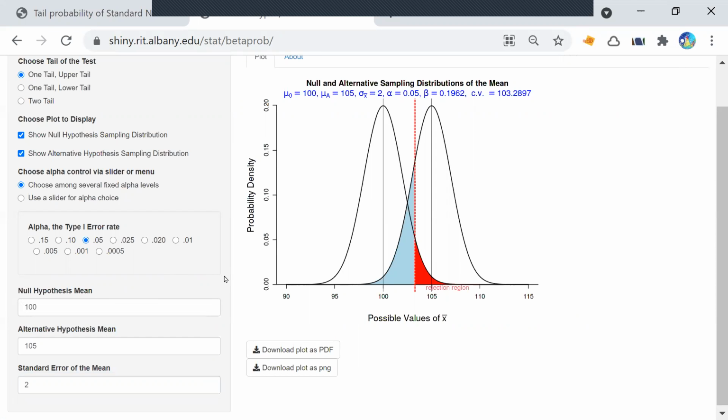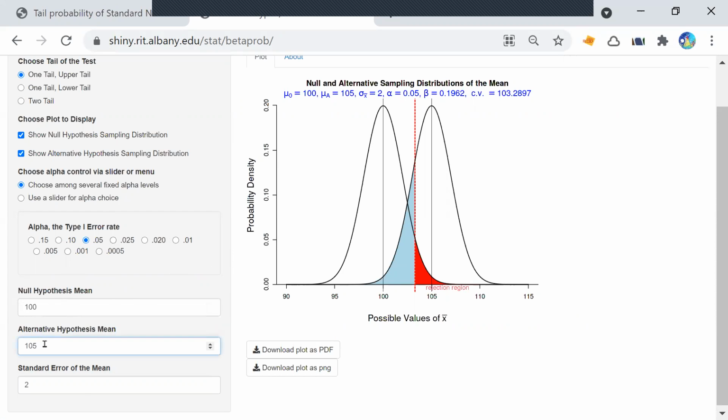There's other things that affect, sorry, I got confused. Let me just actually draw this out. The other two things that are affected, I don't know why I'm making this such a mystery, are the numbers you choose for the null hypothesis distribution mean and the alternate hypothesis distribution mean.